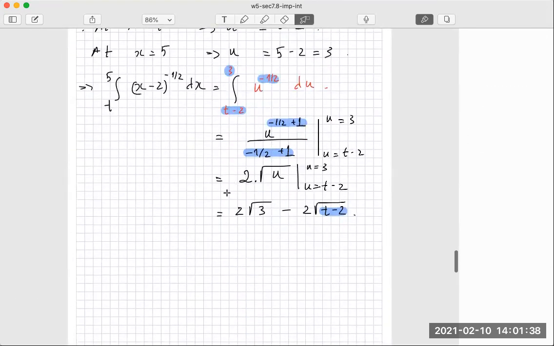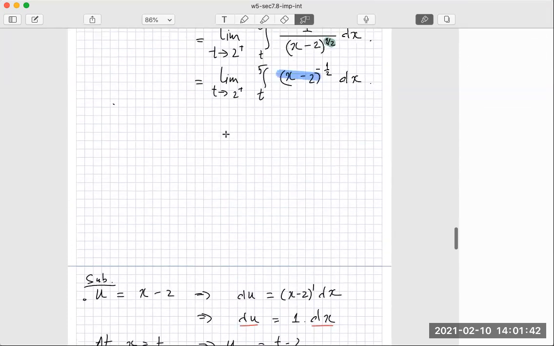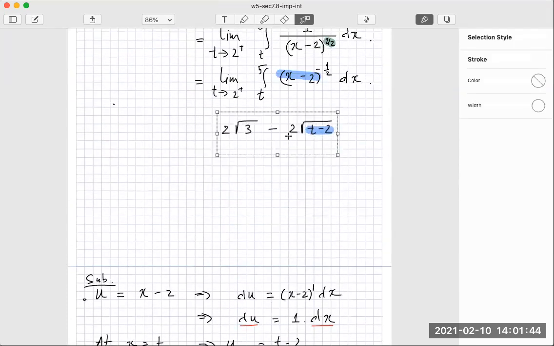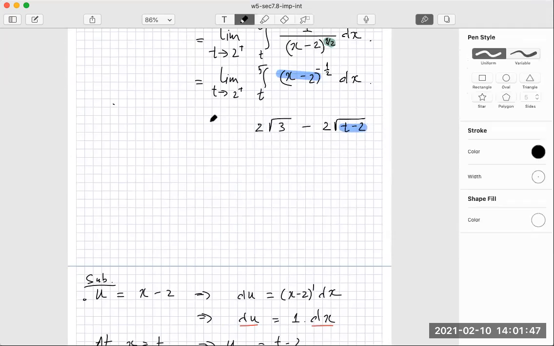We know that this guy, okay, is the limit when t approaches to the right side of 2, right?